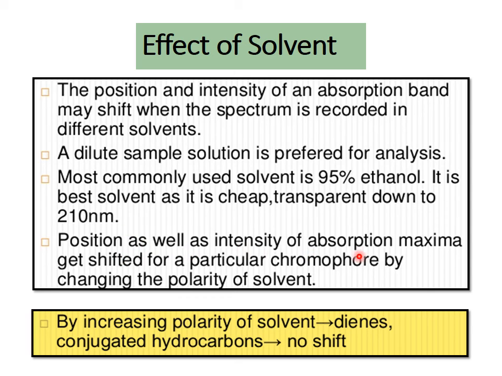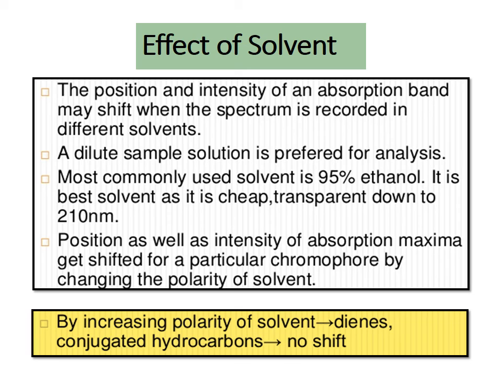Position as well as intensity of absorption maxima get shifted for a particular chromophore by changing the polarity of the solvent. When you increase the polarity of the solvent, there is no shift in dienes and conjugated hydrocarbons.